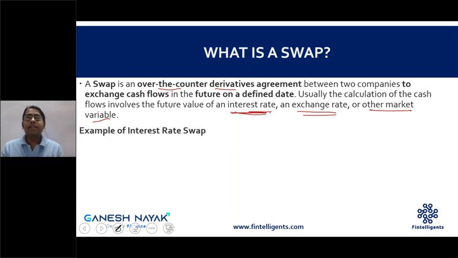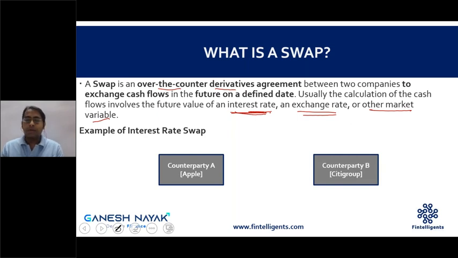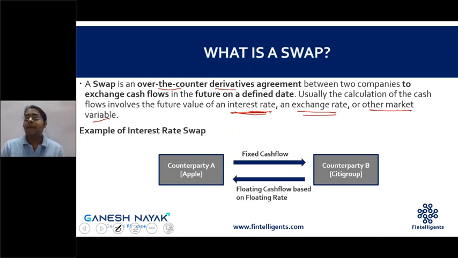So let us look at a simple example of a swap. For example, there is a counterparty A. Let us take that company as Apple, and there is a different company which is an investment bank, counterparty B, as Citigroup. Okay, suppose they enter into a swap wherein Apple is paying a fixed cash flow to counterparty B, and counterparty B is paying a floating cash flow which is based on a floating rate.